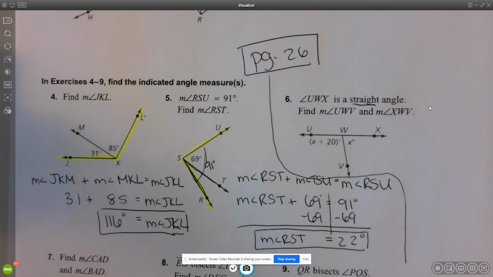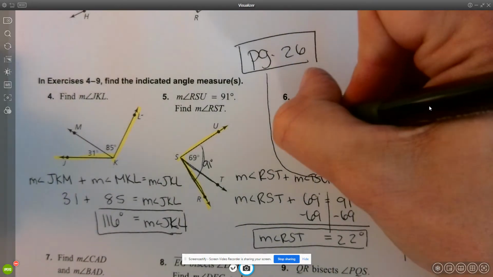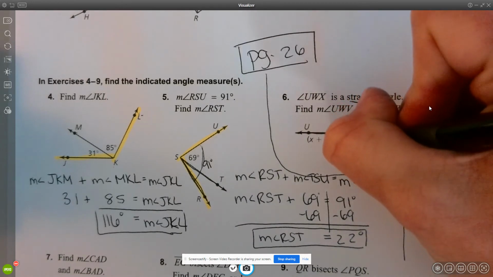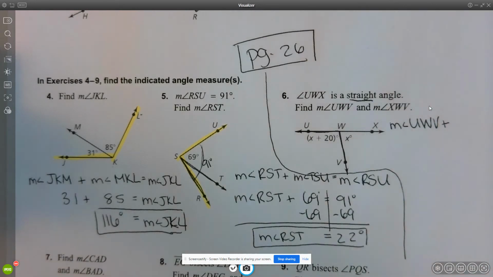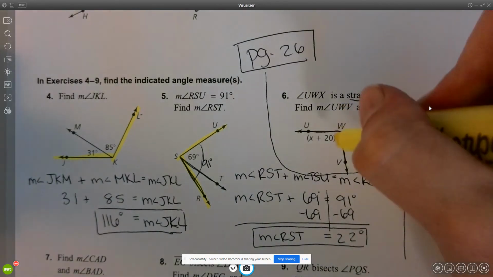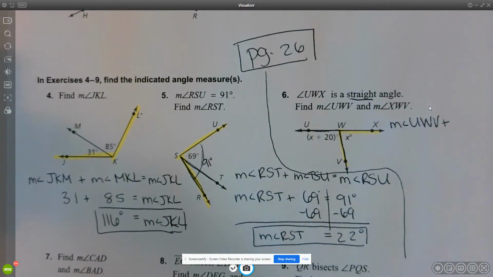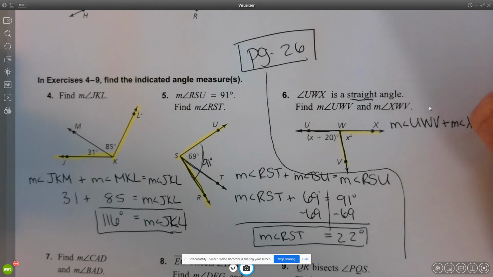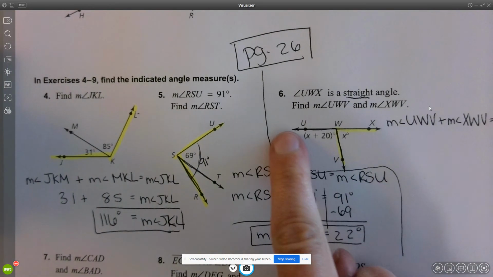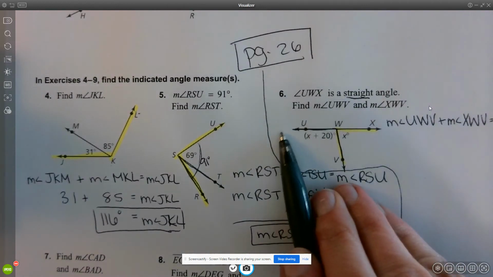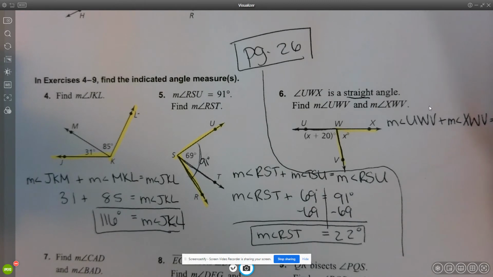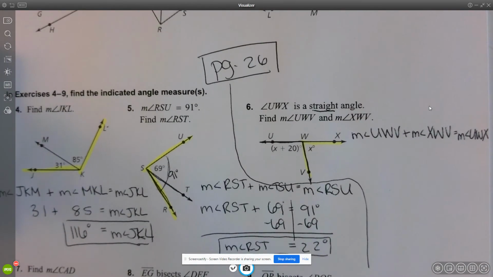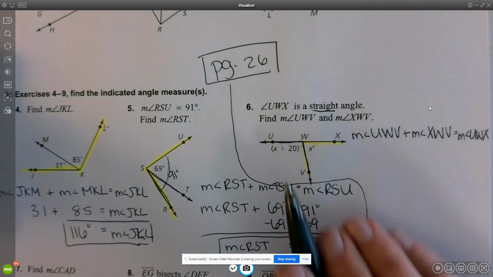So if we were going to write this out, I know that the measure of angle UWV must add with the measure of angle XWV to equal the measure of the larger angle, which is a straight angle, angle UWX. And so I have some measures for these angles.